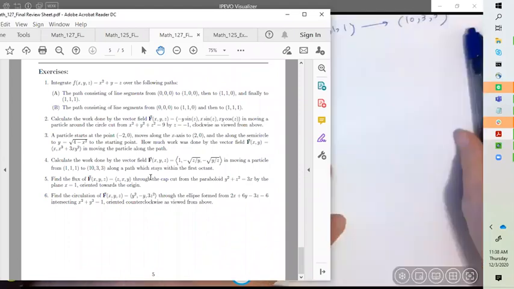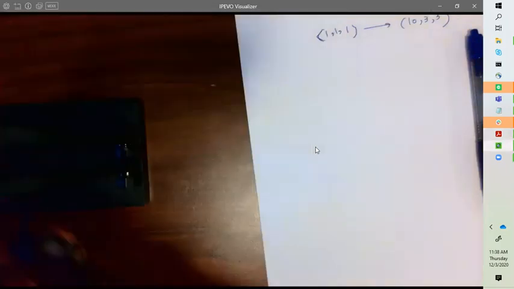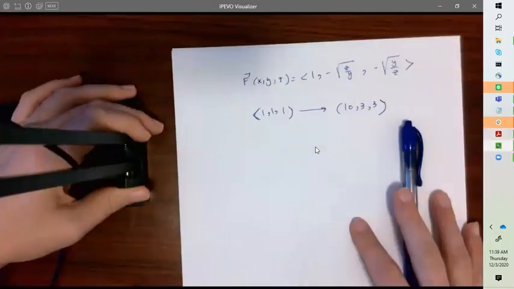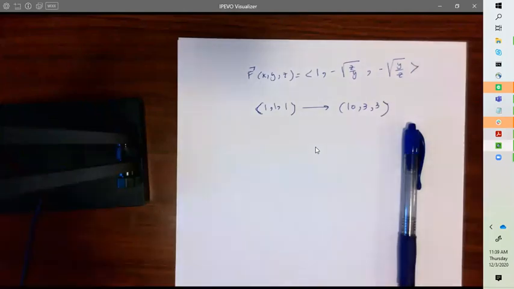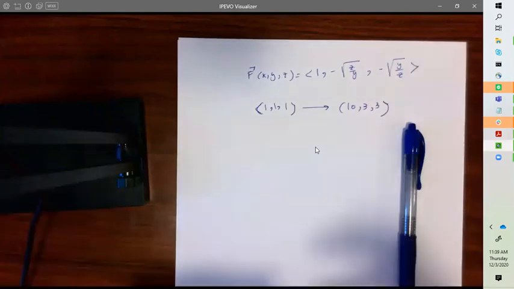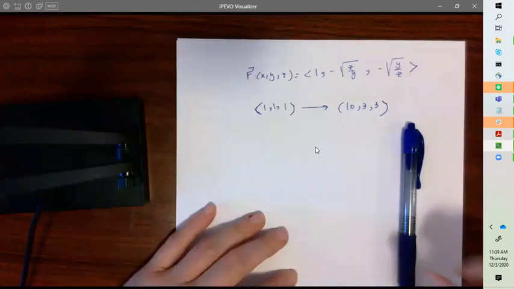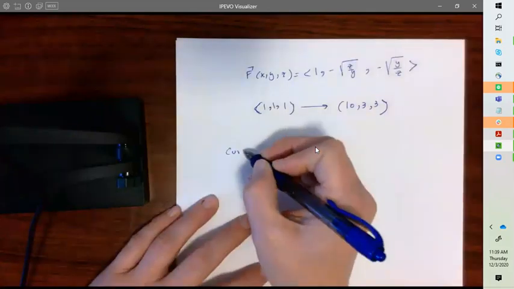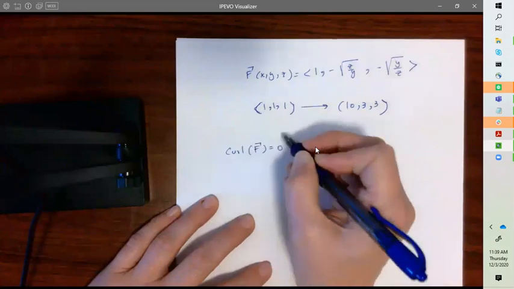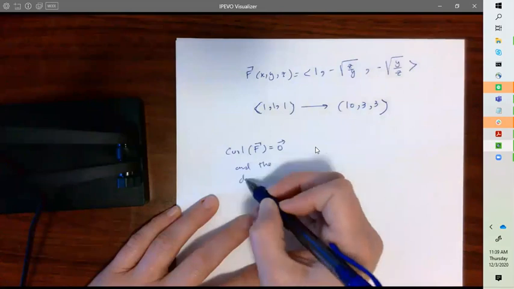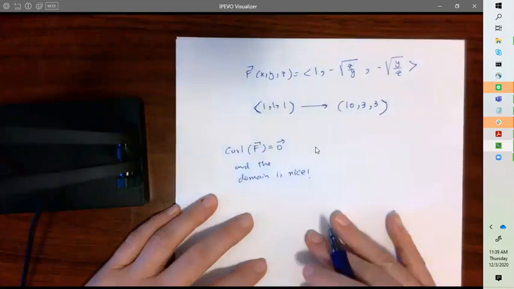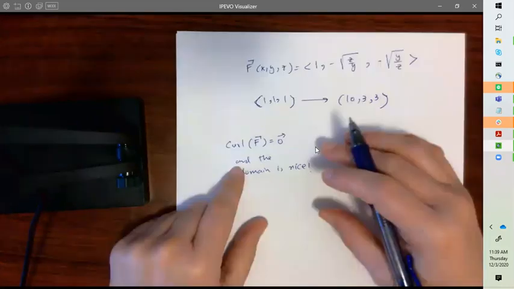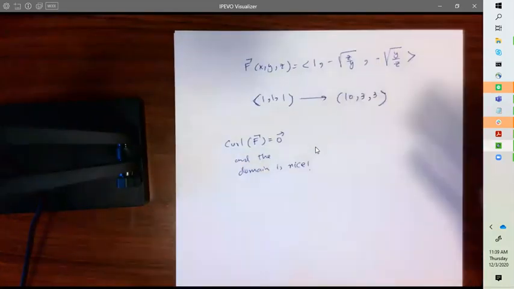The story with conservative fields is that if the curl of F is the zero vector and the domain is simply connected, the domain is nice, then the field is conservative on that domain, and then it would be path independent.